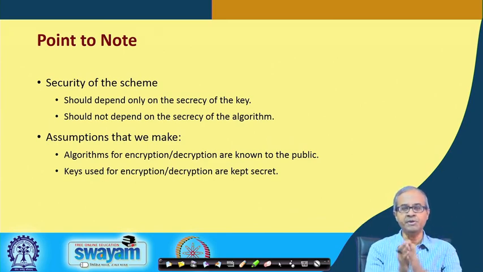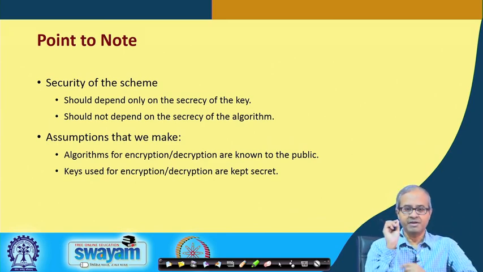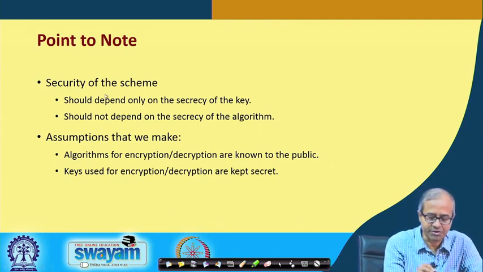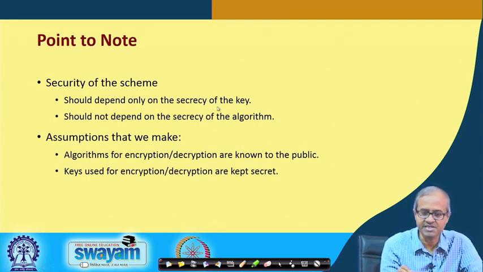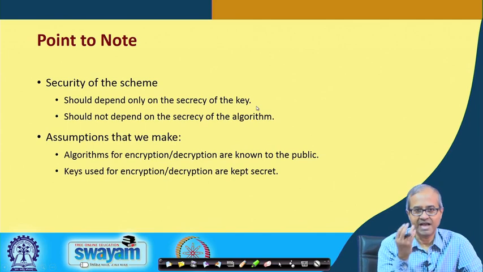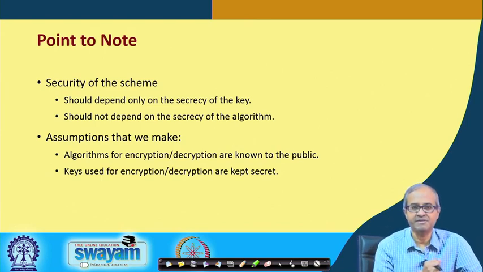Let the algorithm be known to everybody. The important point is that the security should only depend on the secrecy of the key. As long as the key k is only maintained by the sender and receiver, our communication will be very secure. This is the understanding. So, it should not depend on the secrecy of the algorithm.